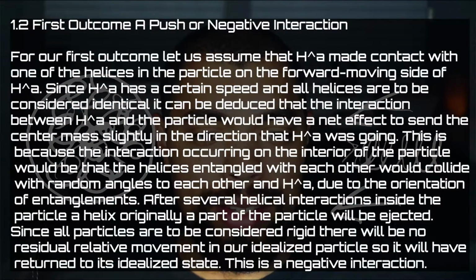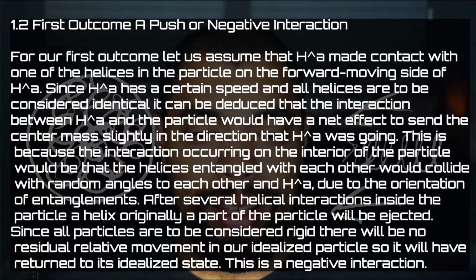Since helix A has a certain speed and all helices are to be considered identical, it can be deduced that the interaction between helix A and the particle would have a net effect to send the center mass slightly in the direction that helix A was going. This is because the interaction occurring on the interior of the particle would be that the helices entangled with each other would collide with random angles to each other and helix A due to the orientation of entanglements.